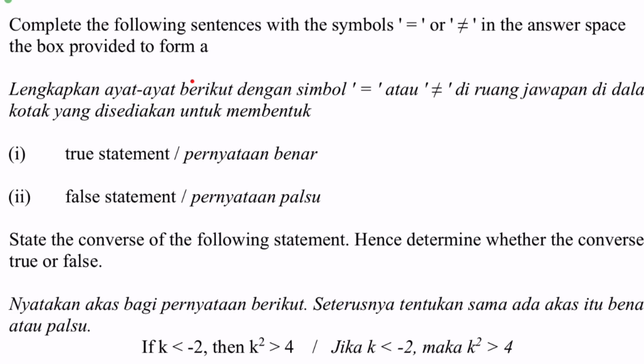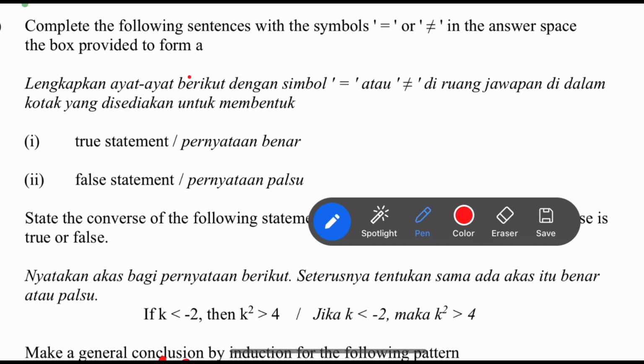Next, we will discuss a question about math reasoning. Let's have a look at the question. Complete the following sentences with the symbol equal or not equal in the answer space provided, to form number 1, a true statement, and number 2, a false statement.